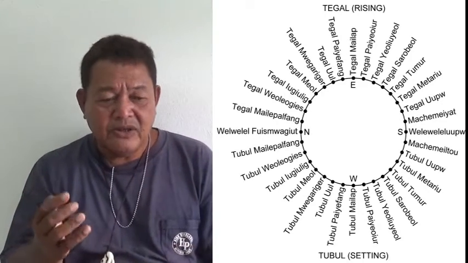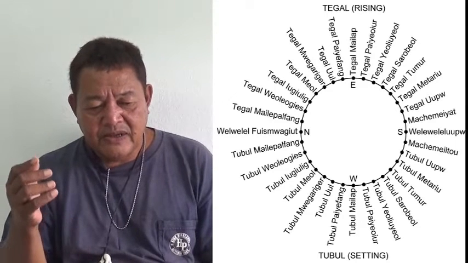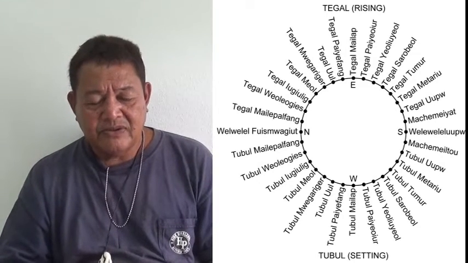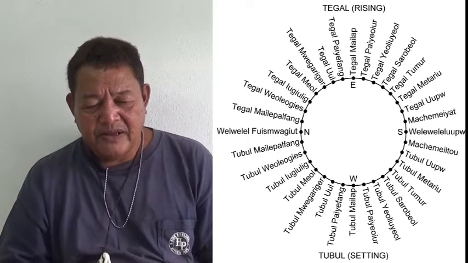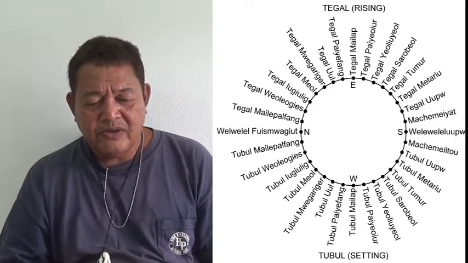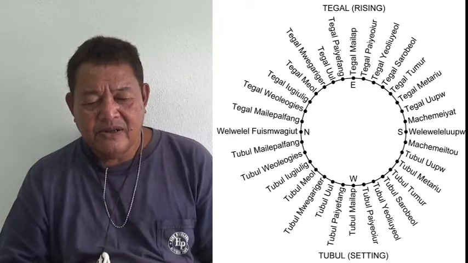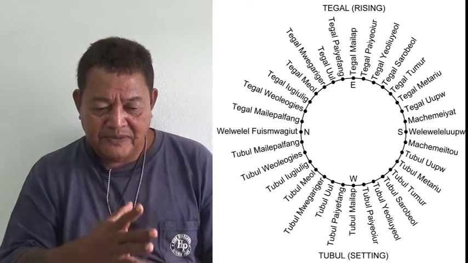So you continue down from below the south, you say Machmeto, Tubur, Tubur Metaw, Tubur Tumur, Tubur Sarwan, Tubur Eriod, Tubur Payug, Tubur Mailap. So now you're straight at the west.